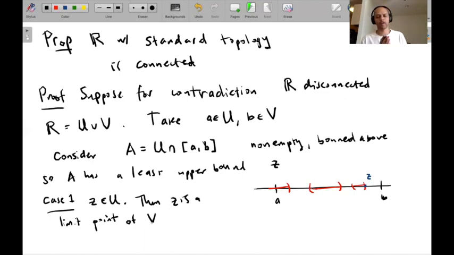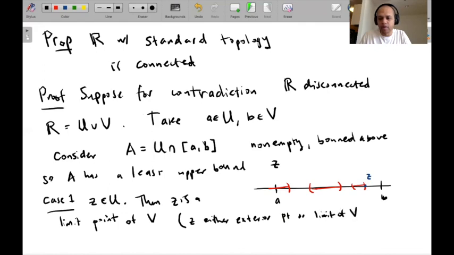Let's focus on V. Z is not a point in V, which means either it's an exterior point of V, which means it's an interior point of U, or it's a limit point of V. So Z is either an exterior point or a limit point of V, because Z is not in V.